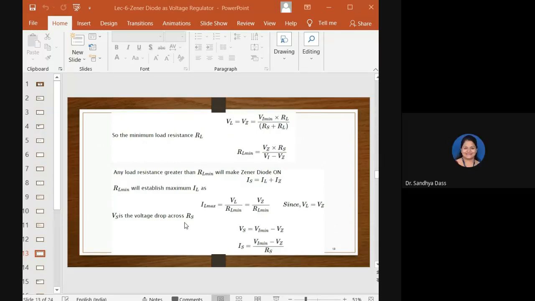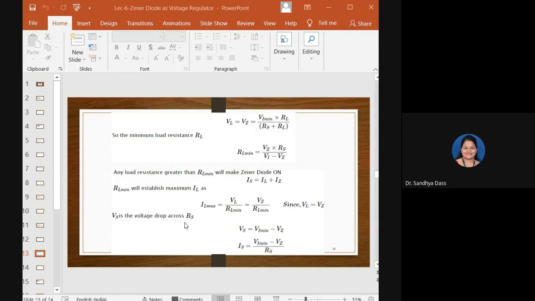So according to the Kirchhoff current law, IS is equal to IL plus IZ, right? Because the input voltage is kept constant, IS will be maintained constant, all right? So if the load is varying, IL will vary, right? IZ plus IL is what you have on the right-hand side in the Kirchhoff current law.